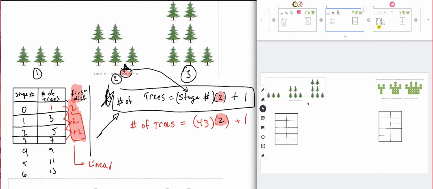First differences go in for the 2s, okay? So you could do the math on that. 43 times 2 is going to be 86 plus 1 is going to be the 87.